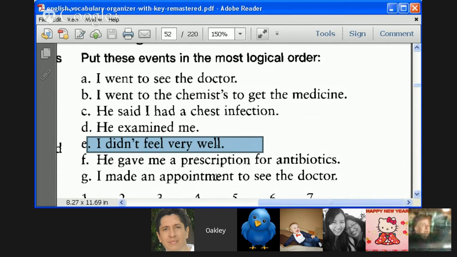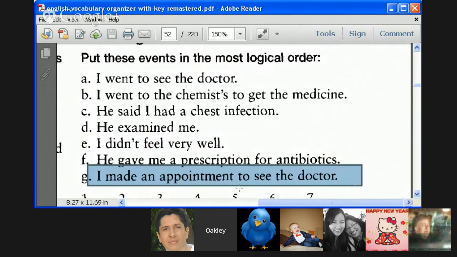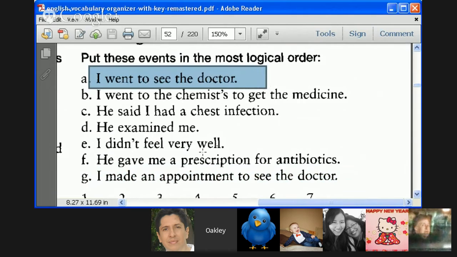Gemma, after E, what's next? I should make an appointment to see the doctor. Very good. And then, Heidi? I went to see the doctor. Very logical. Excellent.